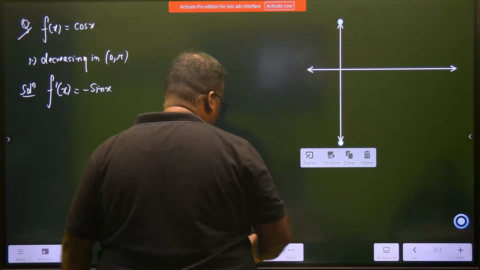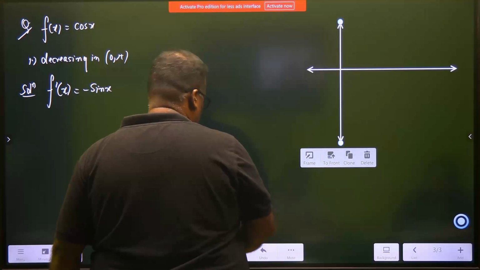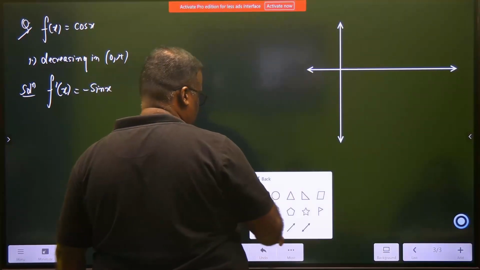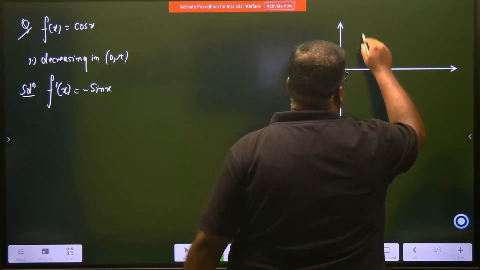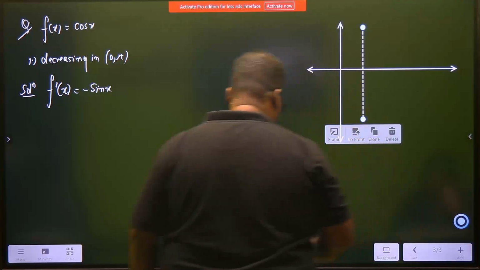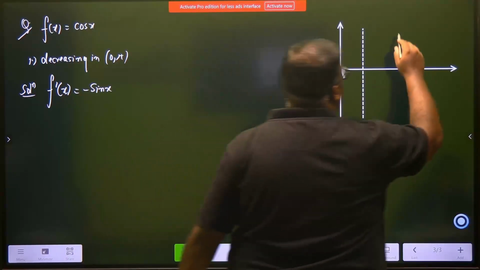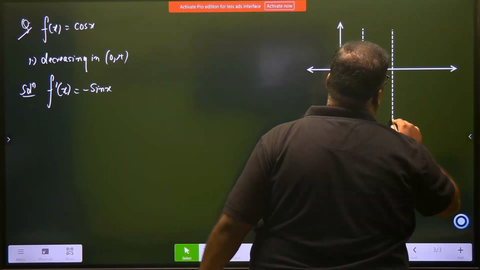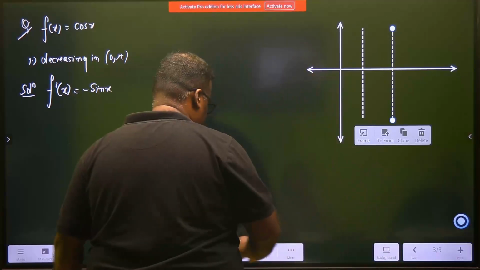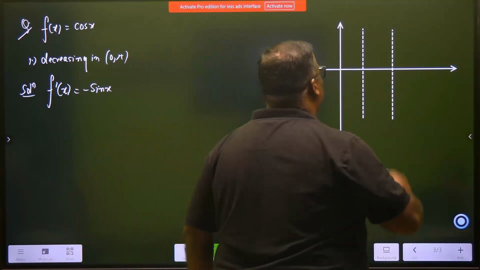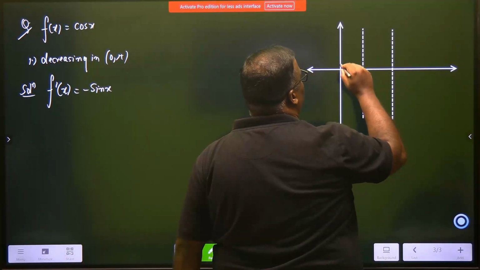In fact, we could have done it by our derivative test also, but let's first do it this way and show you what the book has done. So this is 0, this is pi by 2, and then this is pi. Got it? Okay. So sine 0 is 0.